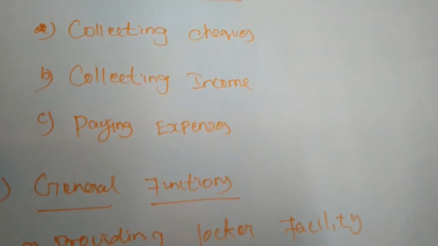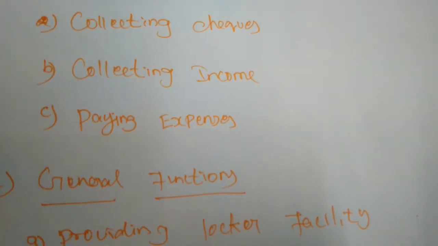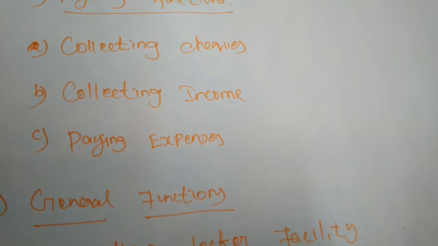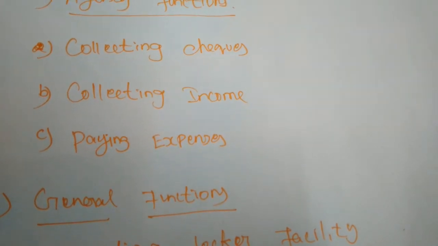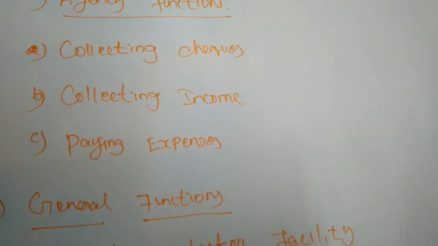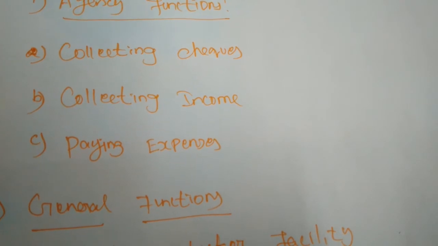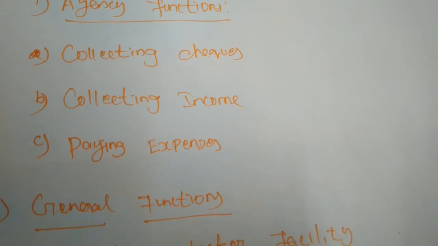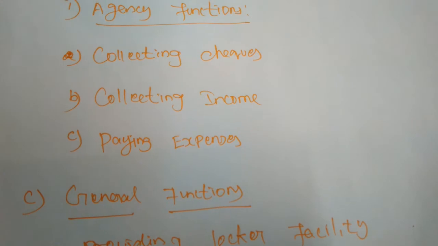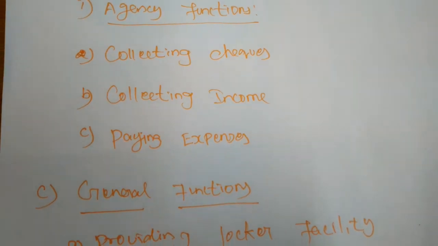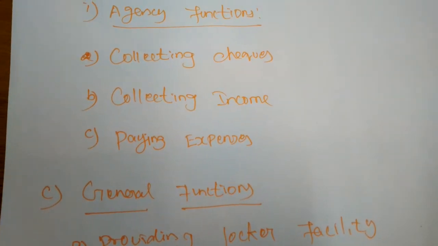Next, paying expenses. All people nowadays don't need to carry money in their pocket. Without carrying money, by using an ATM card, debit card, or some of the modern plastic cards, they can purchase any commodities they want.